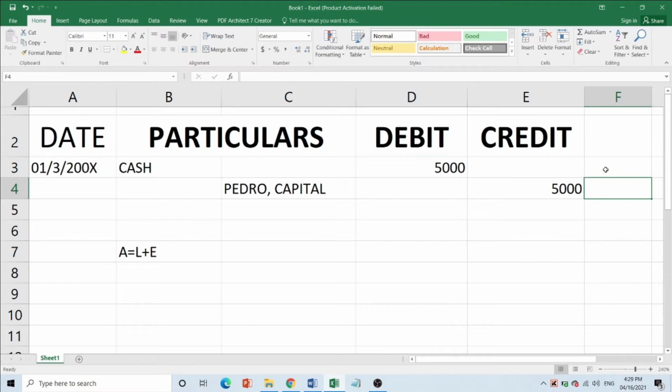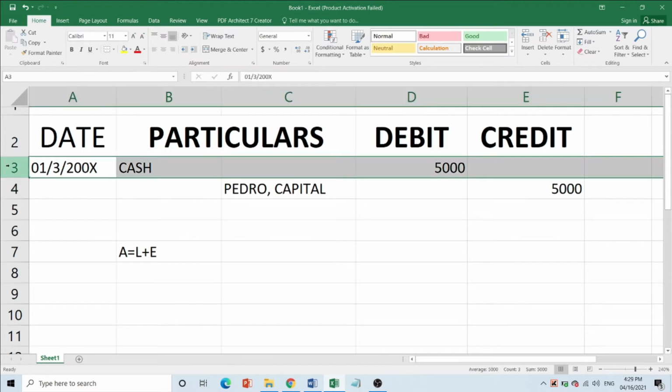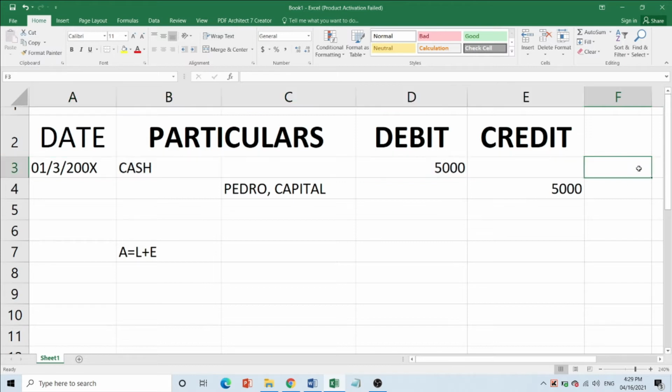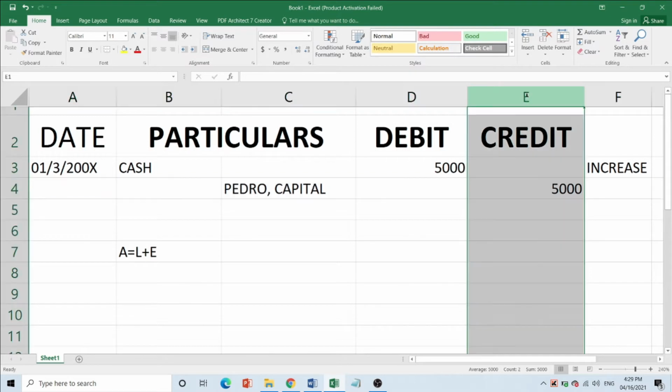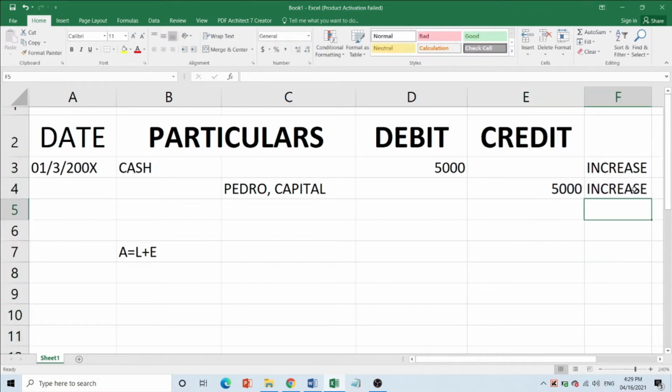So, ang nangyari, yung effect dito sa cash, since asset siya, increase. Si Pedro Capital is an equity account. Since nag-credit tayo ng Pedro Capital amounting to 5,000, ang normal balance sa capital is credit, nag-increase din po siya.